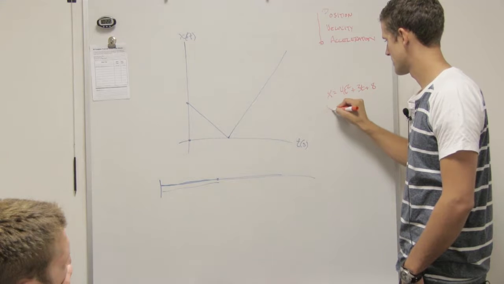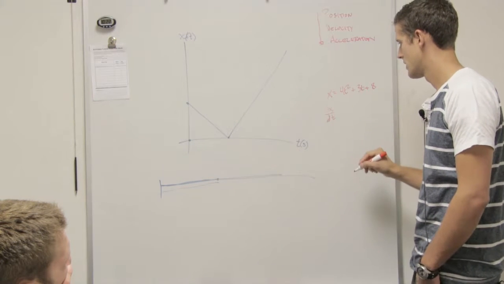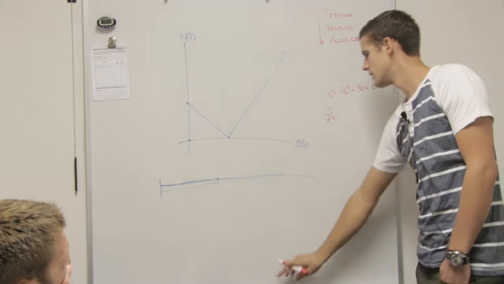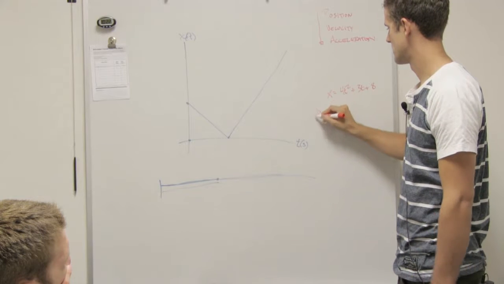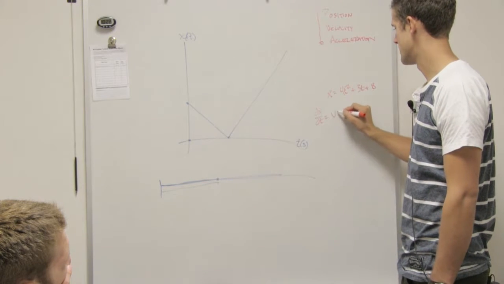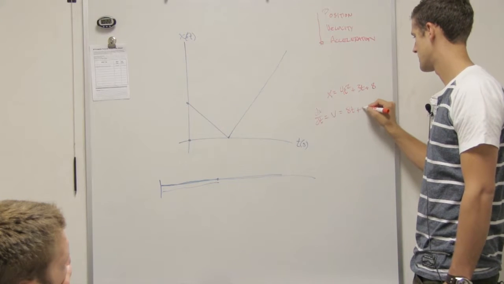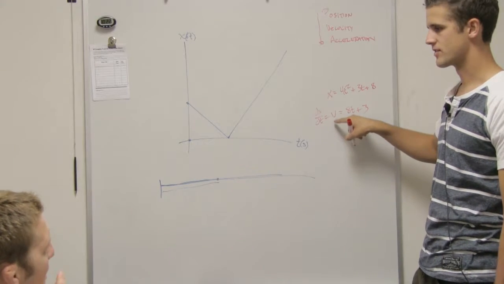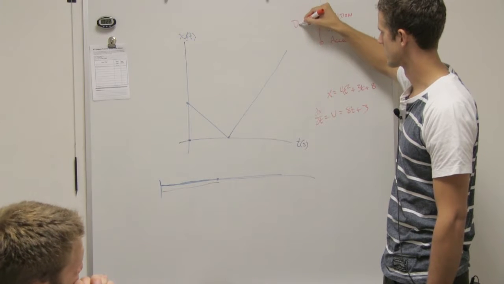So that'd be a little tiny change in x over a little tiny change in time. So that's the derivative, right? Okay. So if you want to find the velocity, dx/dt equals v equals the derivative of this, which would be 8t plus 3. If you want to find a velocity from position, then you take a derivative.